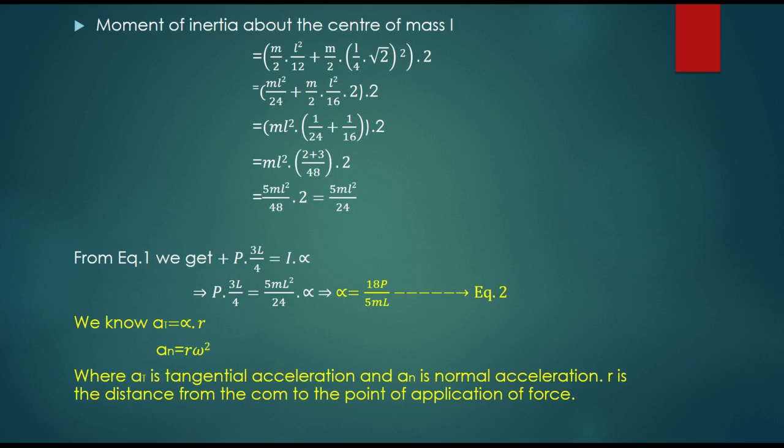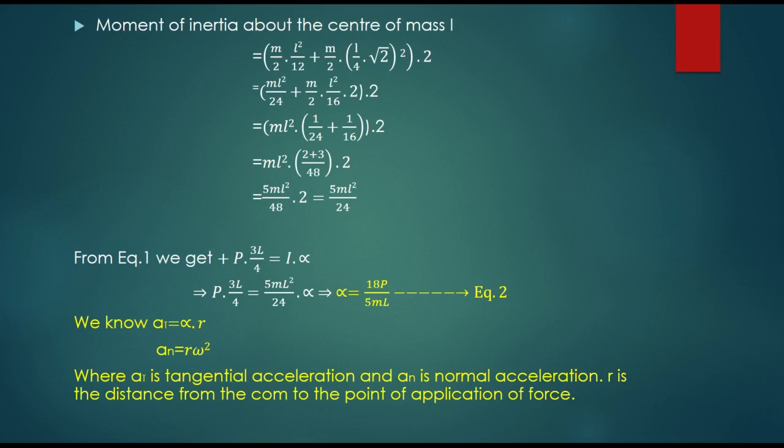From equation number 1 we get P into 3L by 4 is equal to I into alpha. That implies alpha is equal to 18P by 5ml, and here alpha is positive, meaning alpha is directed upward. We denote it as equation number 2.